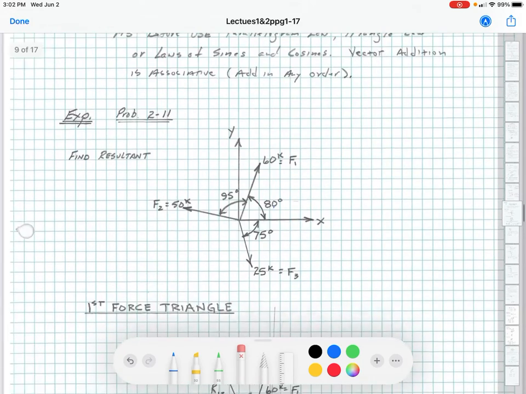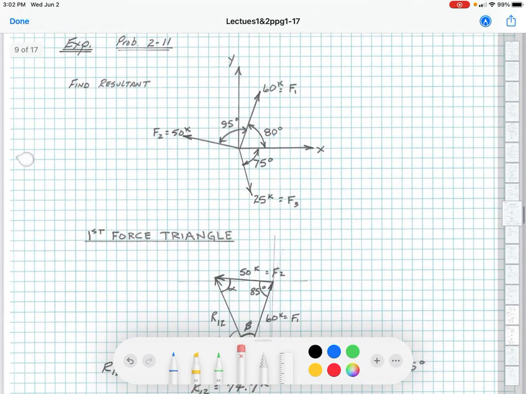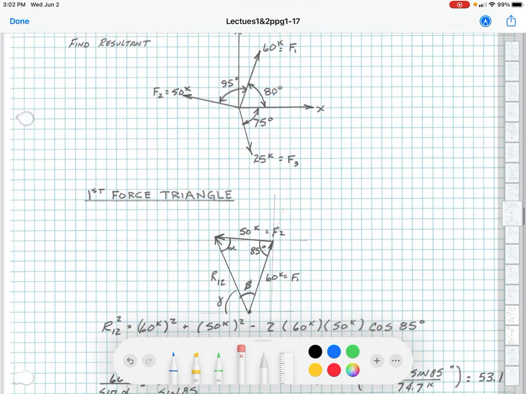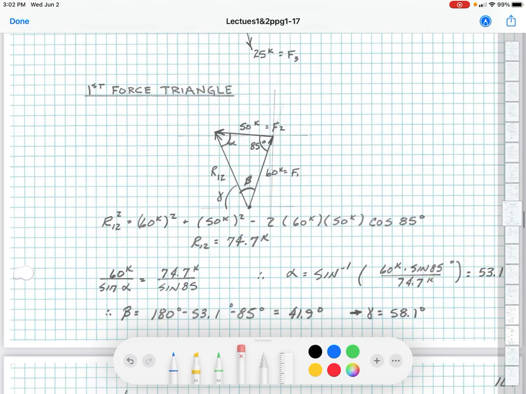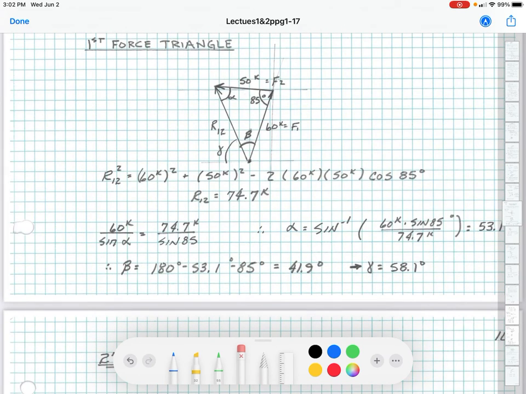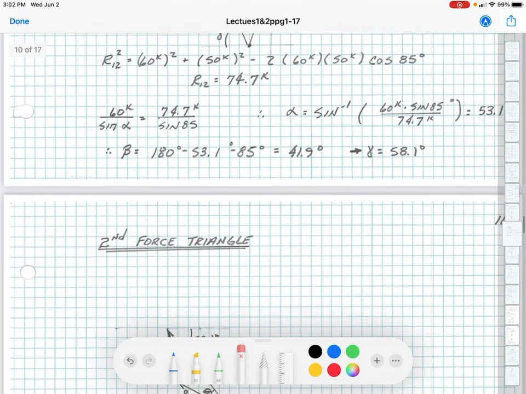So let's look back again. We started with a three-force concurrent system, knowing all the directional angles between the x and the y axes. We did a first force triangle, which was F1 plus F2, which yielded R12 and its angle.